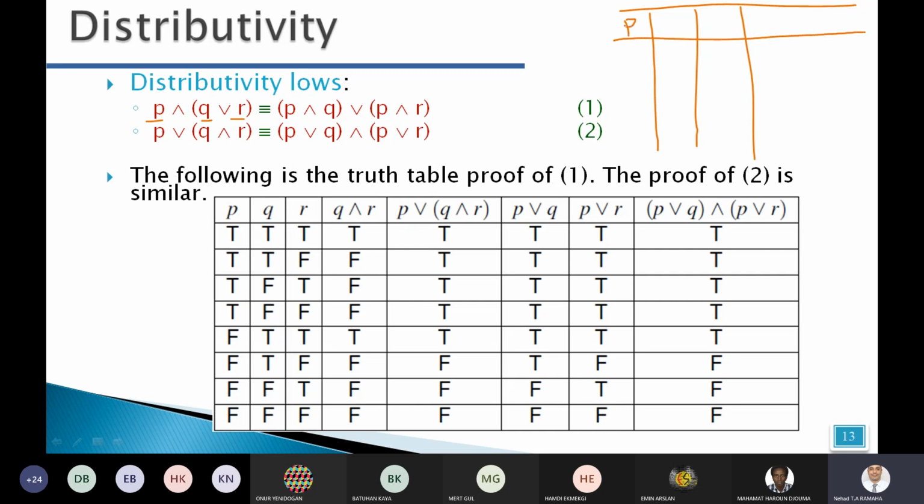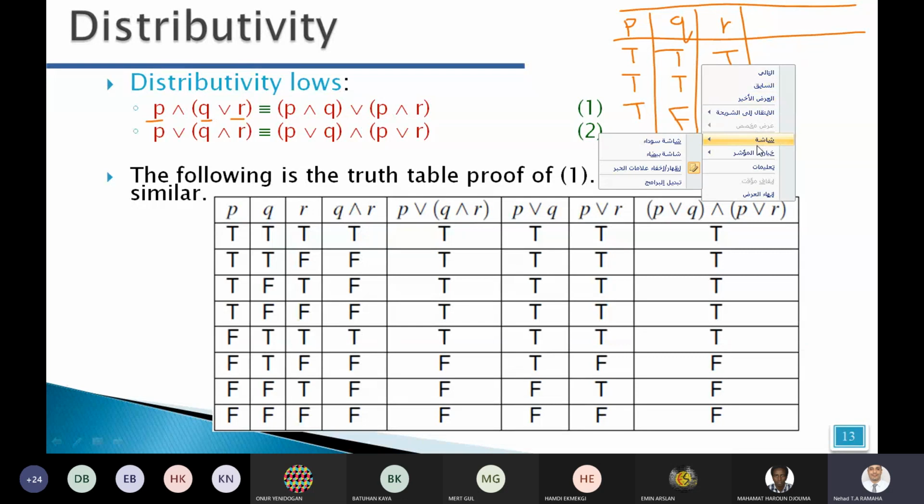If we have P, Q, R, what are all the possibilities? That is true, true, true. All become true. Or another possibility will be true, true, false. True, false, true, and so on. Okay, you get all the possibilities.